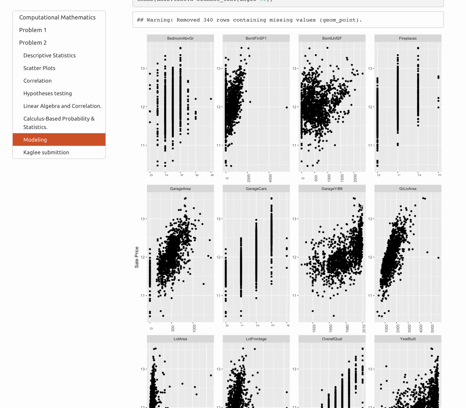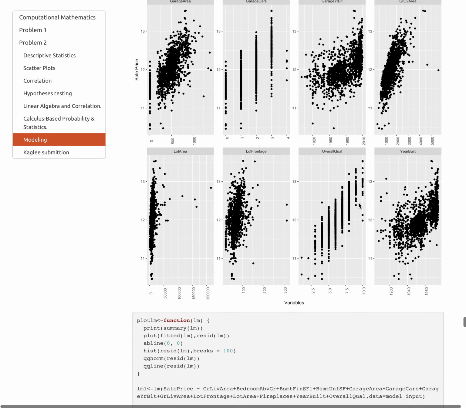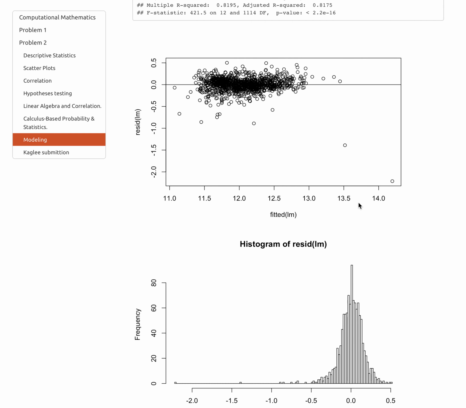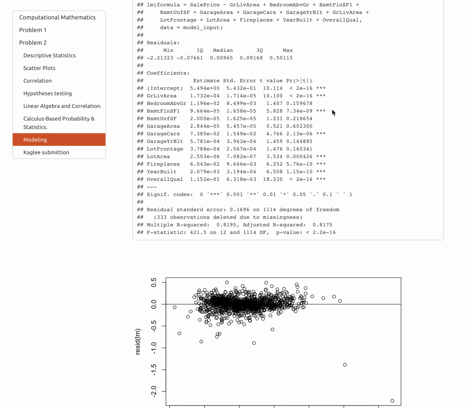Then ran a model with a subset of features. It looked fairly good as far as residuals goes. But several variables had pretty high p-values, which basically tells me that they're not very relevant.